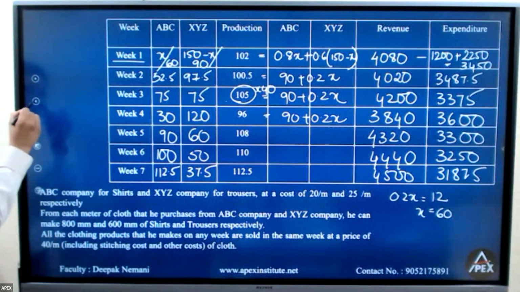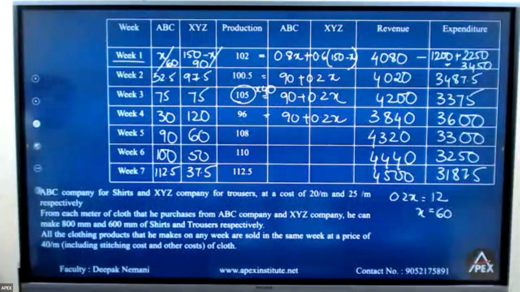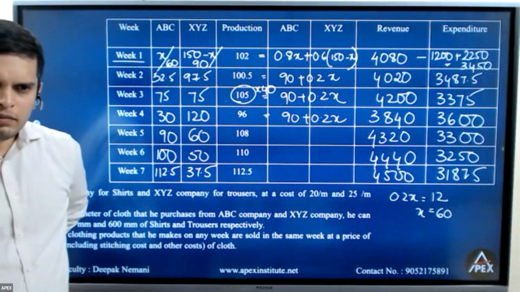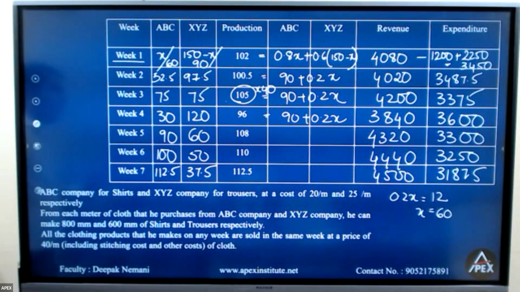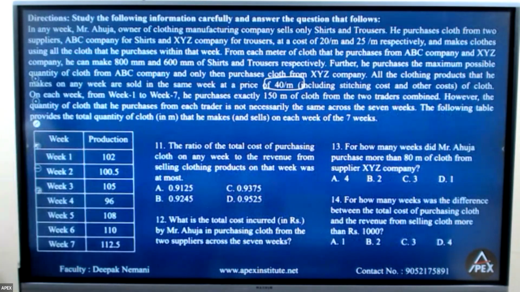Okay, so where is the first question? It did not come? For that you need to either practice or you need to read between the lines very carefully. Clear? Now first question: the ratio of total cost of purchasing to revenue was at most.